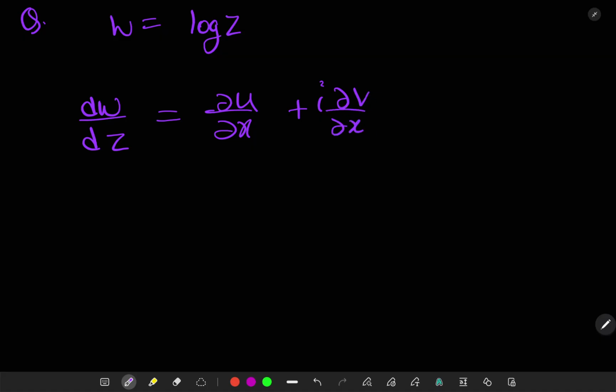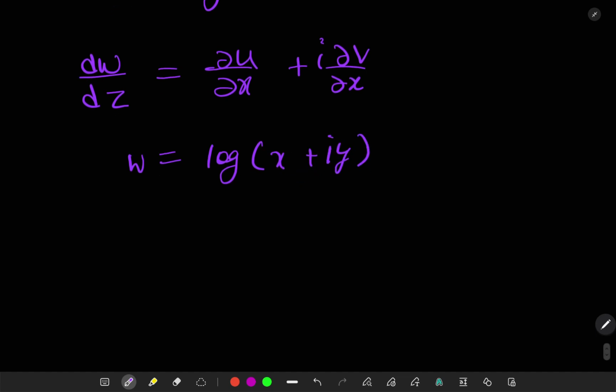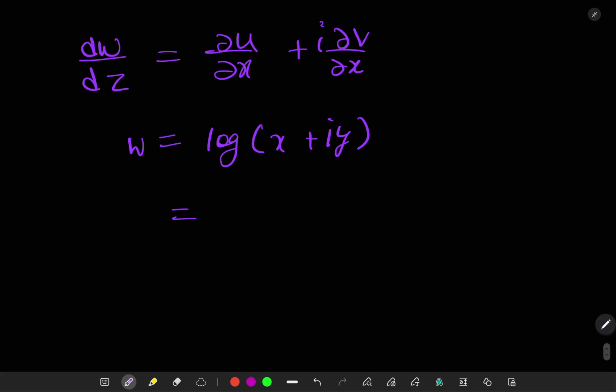So first of all we need to find the value of u and v. Here w is equal to log z, where z is equal to x plus iota y, and we can write this as r cos theta plus iota r sin theta.